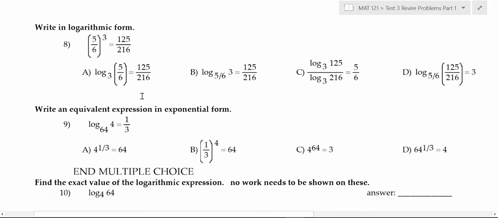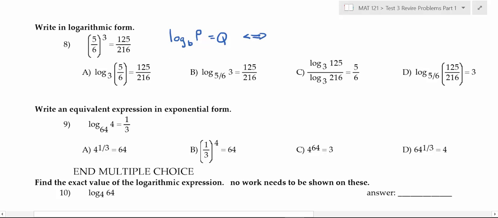Now, moving on. Next things that you want to know about logarithms is how to change these things back and forth from exponential to logarithmic form. So what you study on this is you know that if you have log base b of some number, we'll just call that number p, is equal to some number q, then that's the logarithmic form.